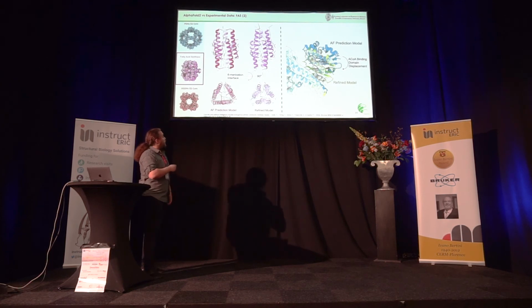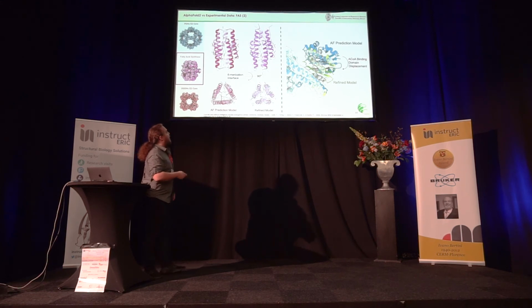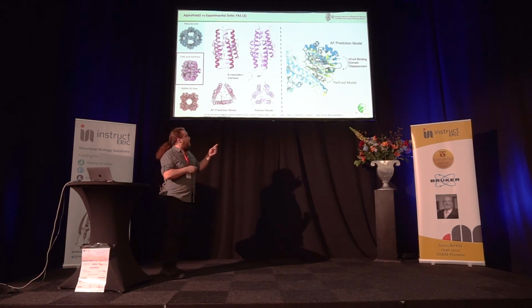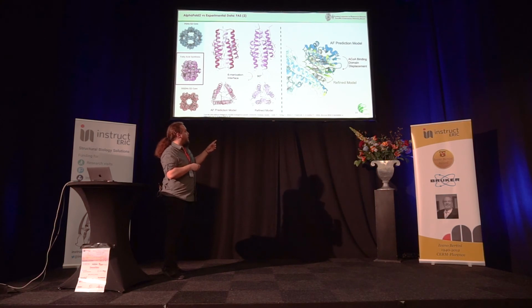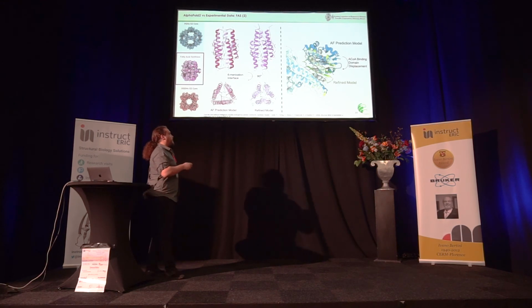And AlphaFold, without any previous knowledge, could recapitulate this. Of course, it looks much healthier when we refined our map, but still it was quite a surprising result to see. Additionally, AlphaFold for the PPT CoA binding domain predicted the same type of orientation as in the yeast and not as in our experimental observations.